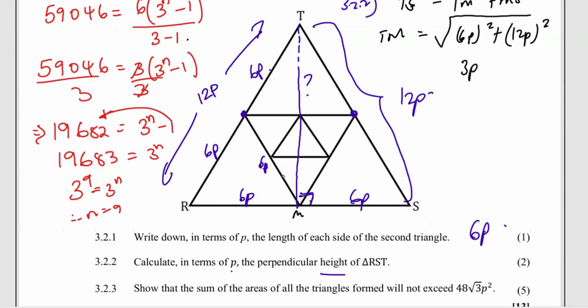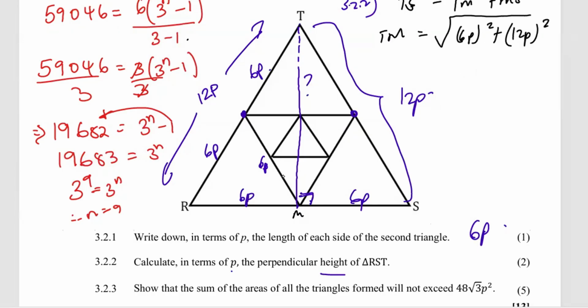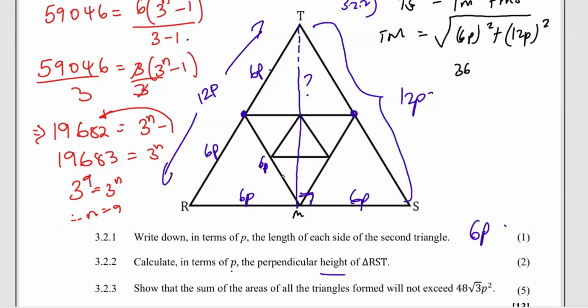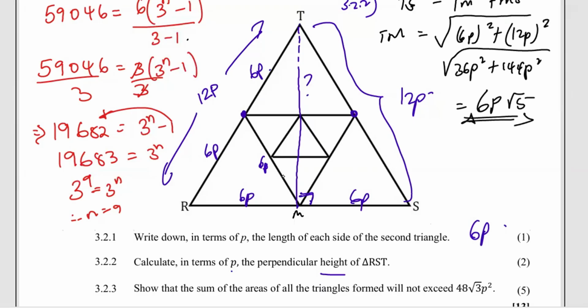So that's going to be 36p squared plus 144p squared under the square root sign. So 36 plus 144, what do we get? We get 180. And then the square root of 180 is 6 root 5. So 6p root 5. This is what we get, and that's what the question wanted for the height.